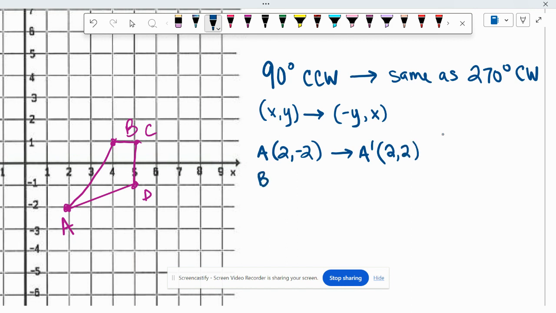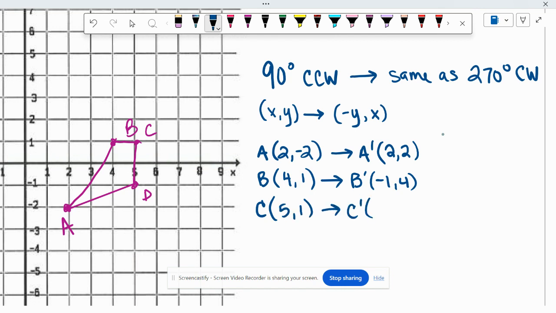Let's see. B started as the ordered pair 4, 1, transforms to B prime, which is what? What's the opposite of y, comma x? -1, 4. C started as the ordered pair 5, 1, transforms to C prime, opposite y, -1, 5.